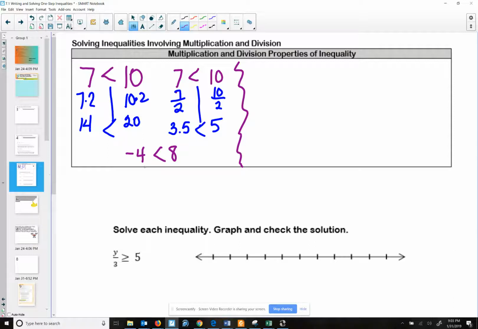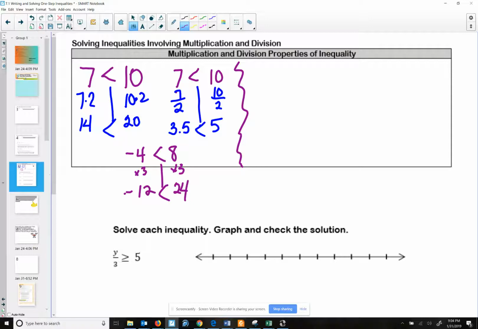If I went times 3, times 3, I'm doing the same thing to each side. I get -12, I get +24, still less than? Yes. So you'd think that, oh, well, then we just go about our business like we always do. Well, hold on.